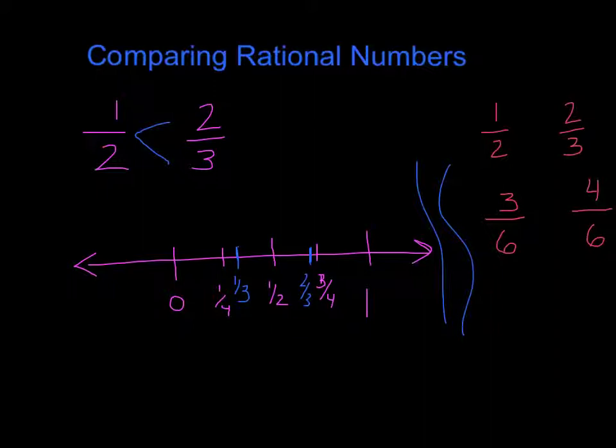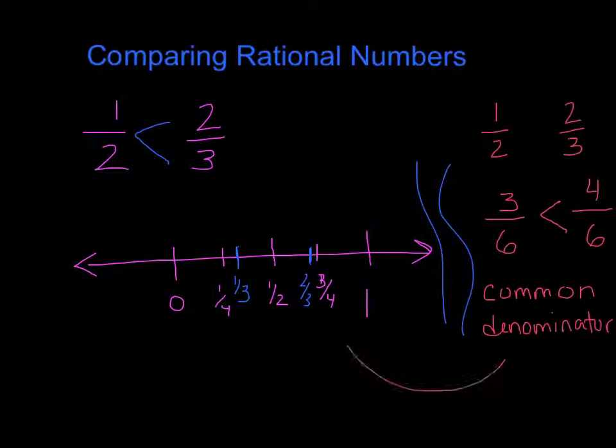Well, if I have 3/6 versus 4/6, the 4/6 will be larger, will be greater. So probably the best way of figuring out which one is larger, which one is less than, is to use this method of finding a common denominator. Always realizing that it depends on what is on my number line.